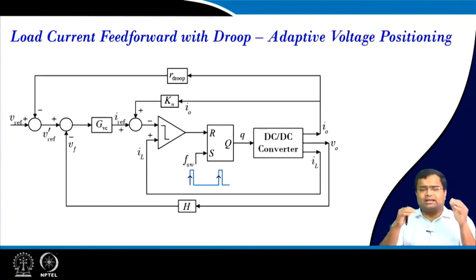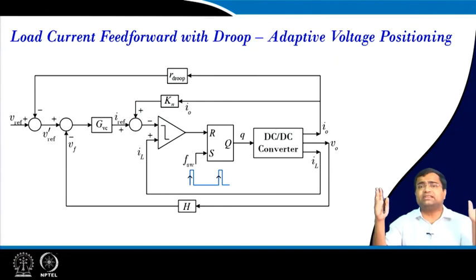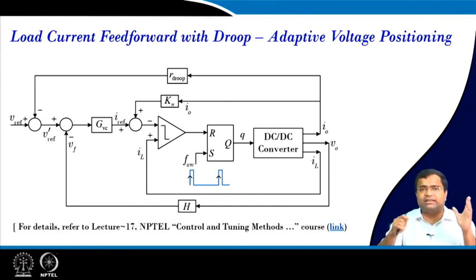Along with load current feed forward, if we incorporate the droop mechanism, then you can achieve very fast transient, and you can make the output impedance virtually look like a resistance, so that it will be almost frequency independent output impedance, and you can respond to the load transient very fast, almost instantaneously. This aspect also we have discussed in lecture number 17.